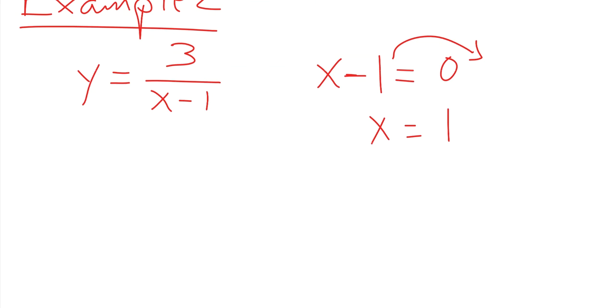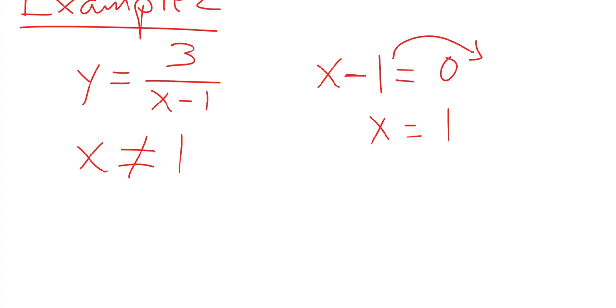Therefore, it is the excluded value. We would say in this case that x cannot equal 1, because if x equals 1, then the quotient becomes infinite and we have an undefined situation. So again, x cannot be equal to 1.